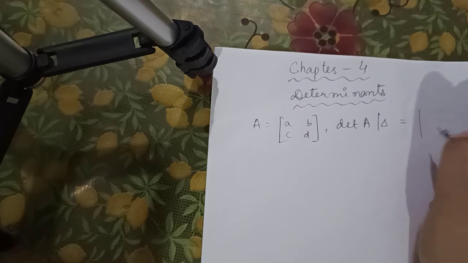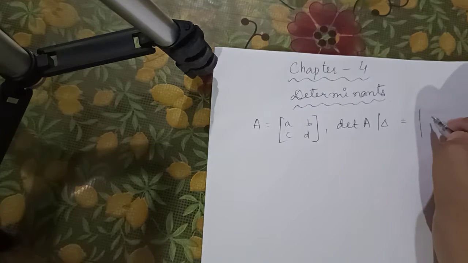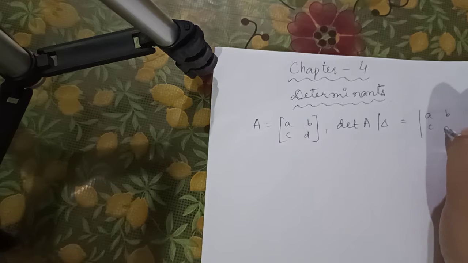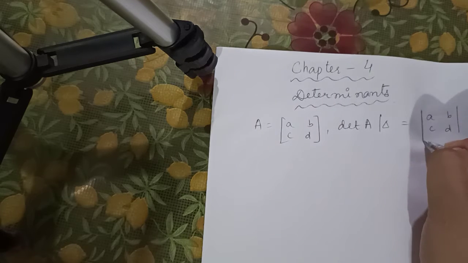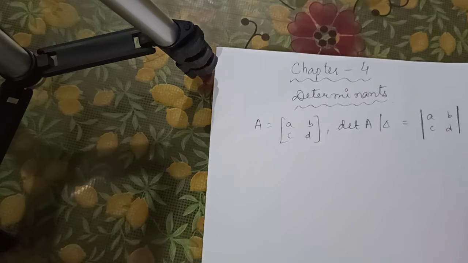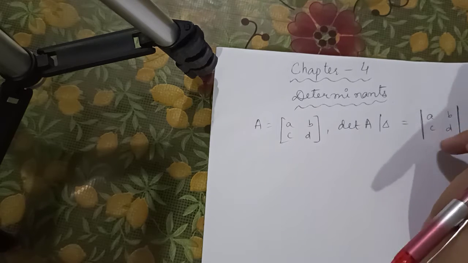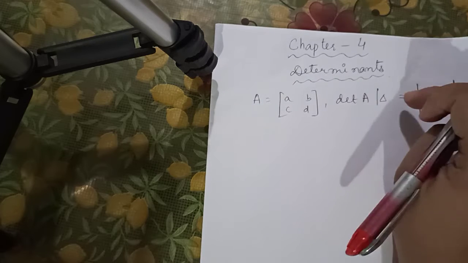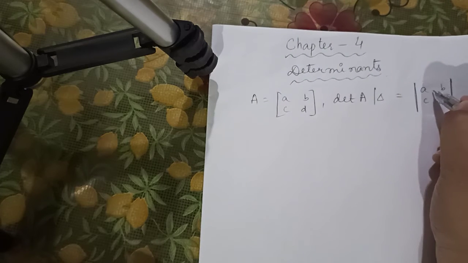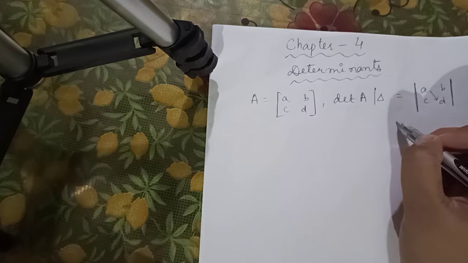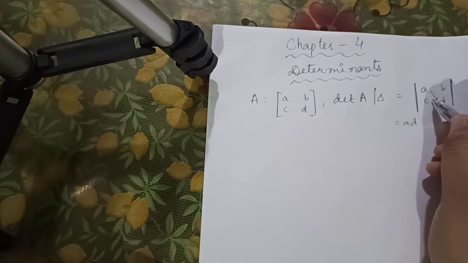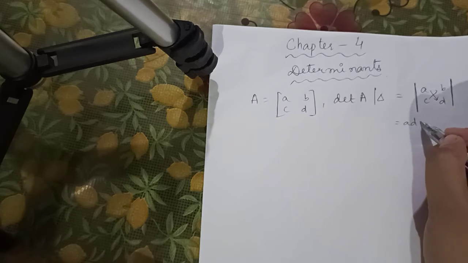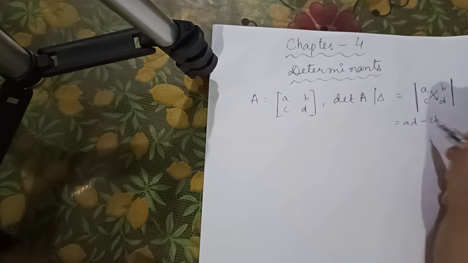The determinant symbol uses the two bars, like the modulus, and inside it you can enter any real or complex numbers. To find its value, you multiply a into d, then multiply c into b, and between them you use minus.